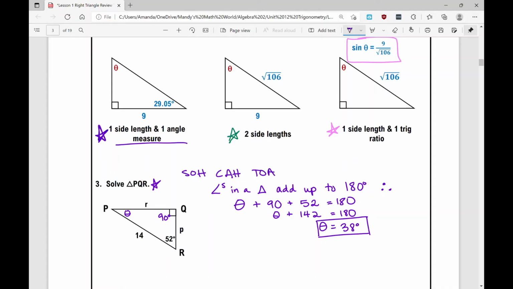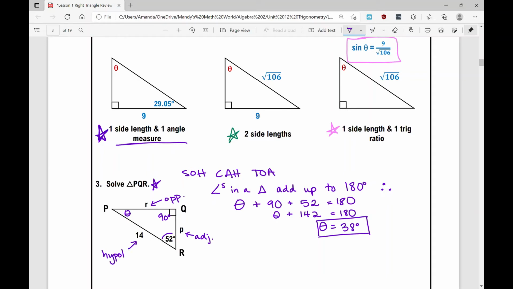SOHCAHTOA. So let's talk about this angle measure right here, 52 degrees. What are the sides called in relation to that angle? Well, this would be the adjacent side. This right here would be the opposite side of that angle. And this right here is the hypotenuse, right?